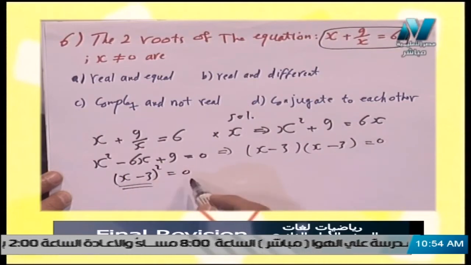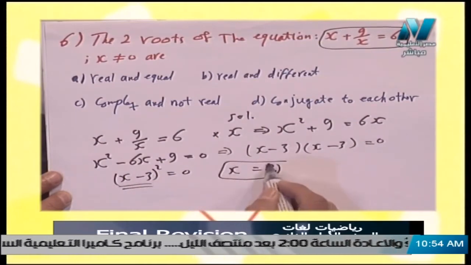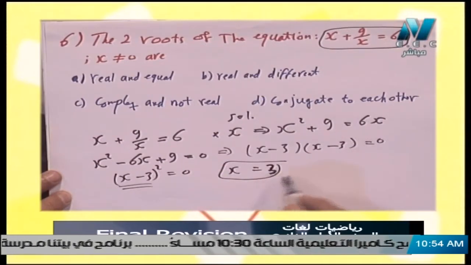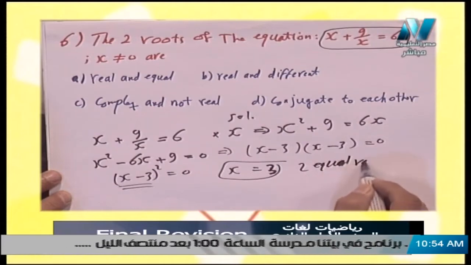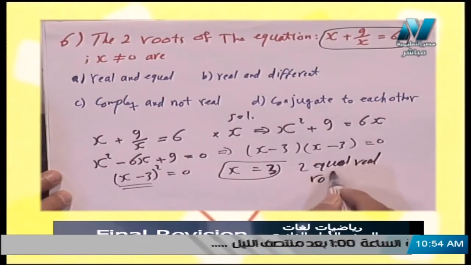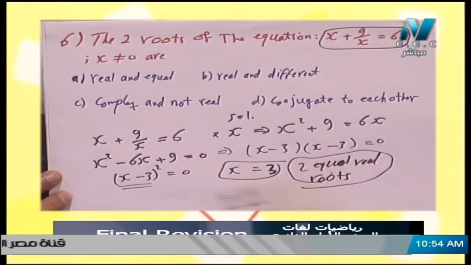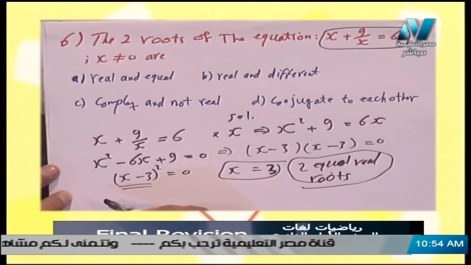These two roots, x equals 3 only. We have equal roots. We have two equal real roots. When we have two equal real roots, then they will what? Real and equal.